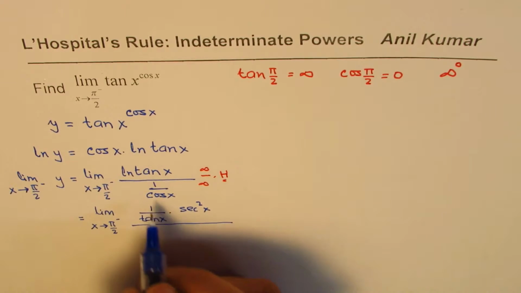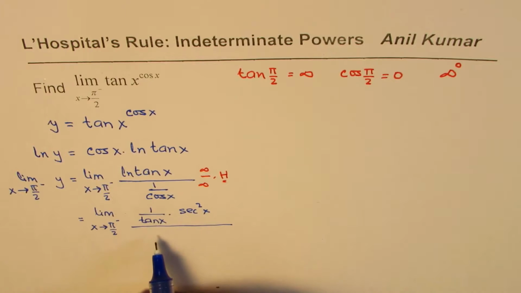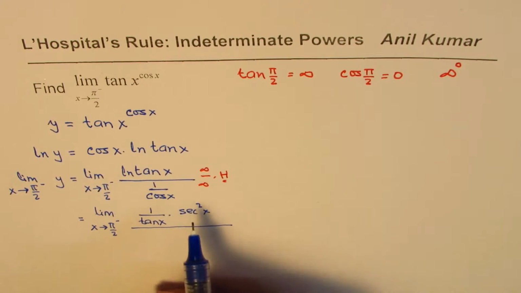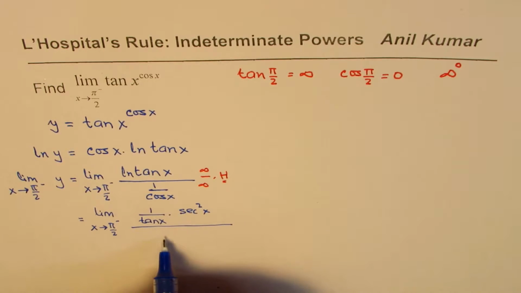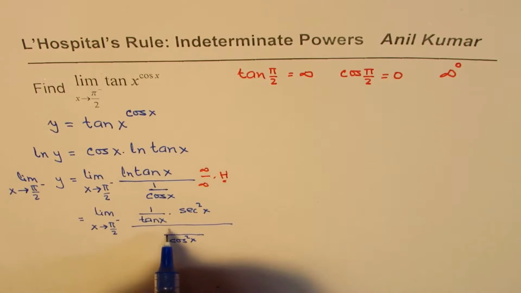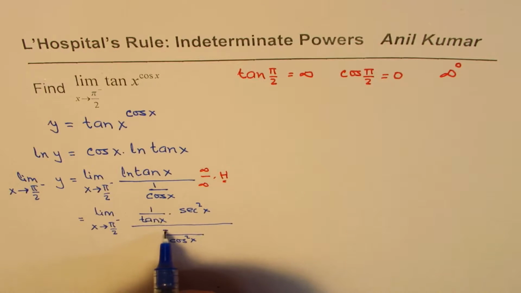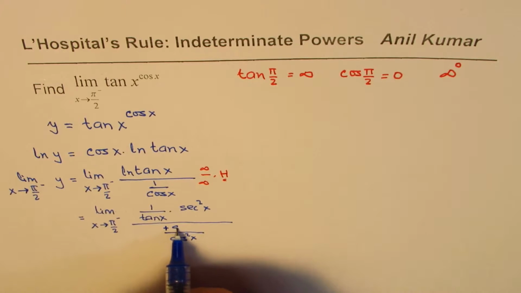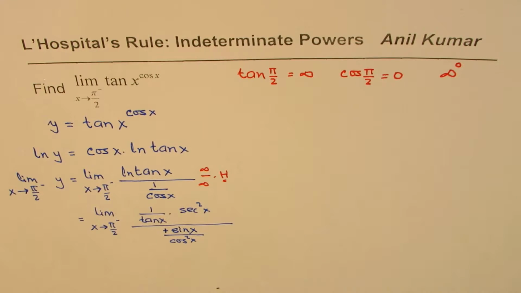Now in the denominator, you could write derivative of secant x, which is secant x tan x, or you can apply the quotient rule. So I'll apply the quotient rule. So we'll get denominator as cos square x, and derivative of cos x is minus sin x, and minus becomes plus, so we get plus sin x, right? So we could write this in this form also, either way.